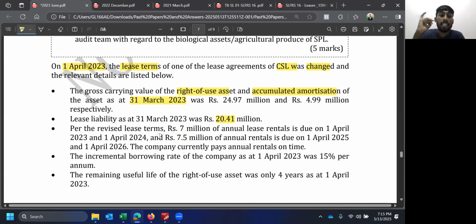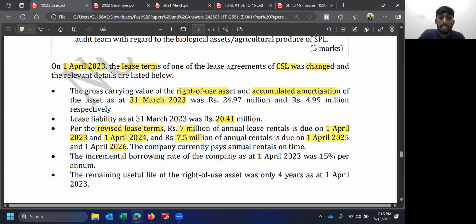Per the revised lease terms, 7 million of annual lease rentals is due on 1st April 2023 and 1st April 2024. 7.5 million annual lease rentals is due on 1st April 2025 and 2026.